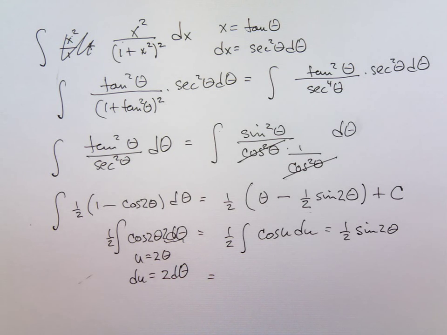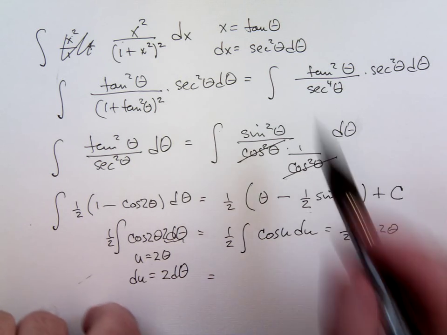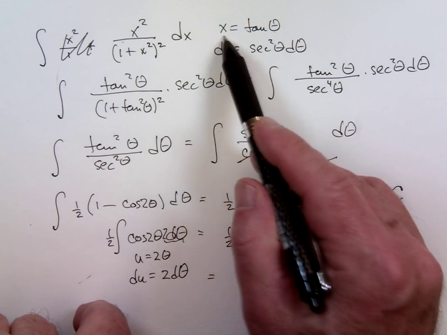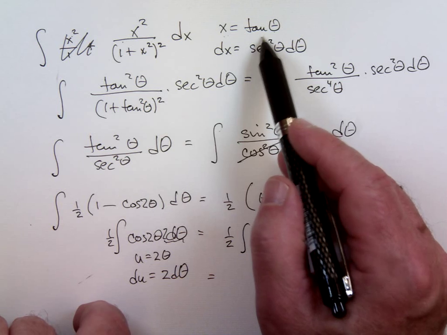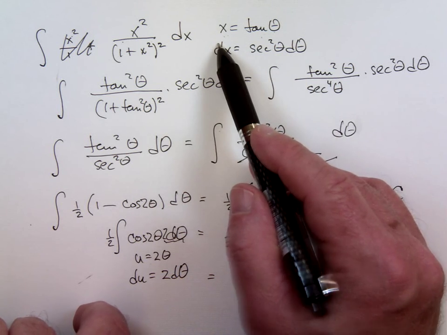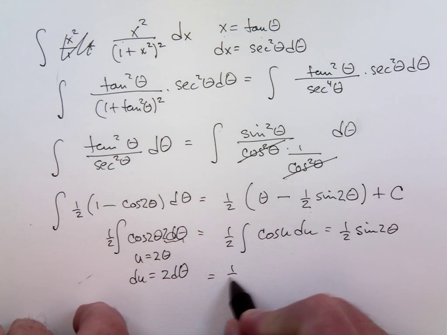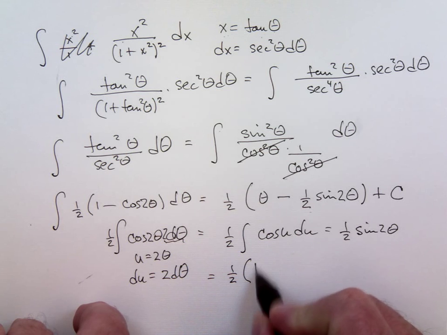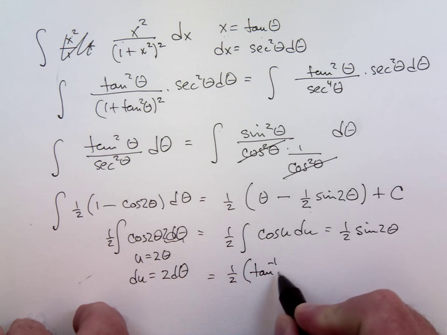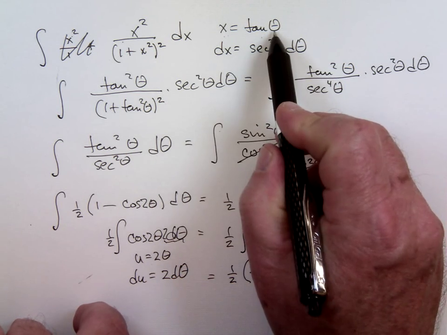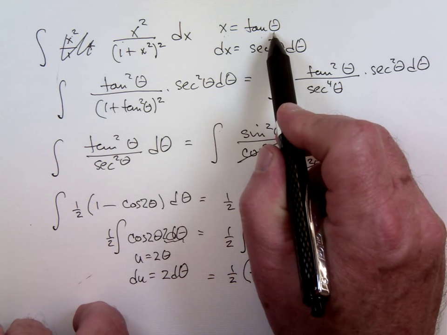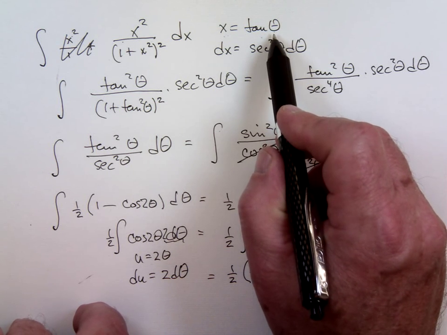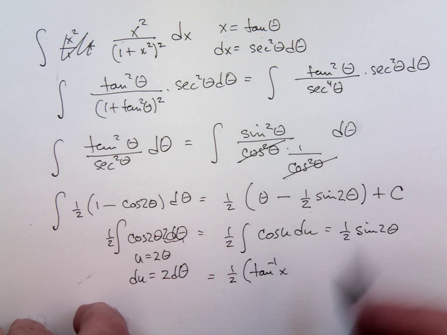Arctangent. Arctan x, theta is arctangent. Take the arctan of each side. You get theta is the inverse tangent, arctan x. So you have a 1/2 inverse tangent x. That's what theta is. You do the inverse function, inverse tangent.